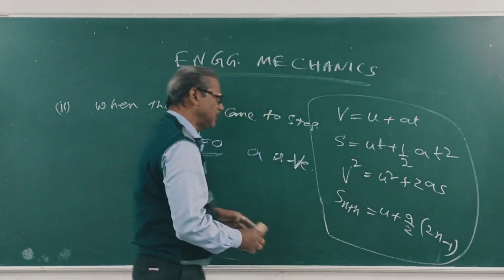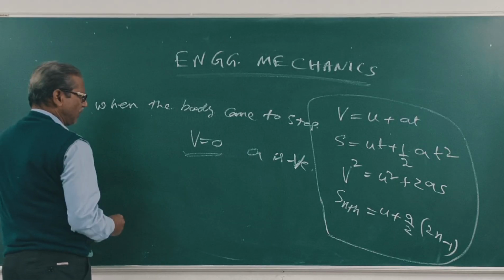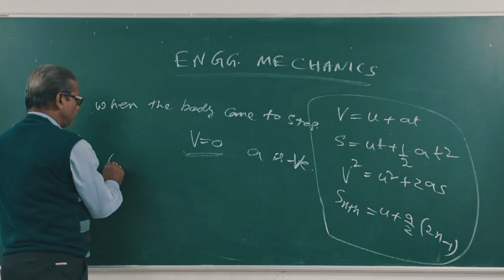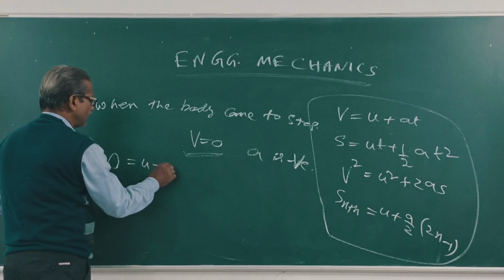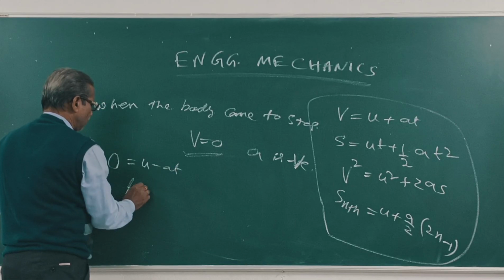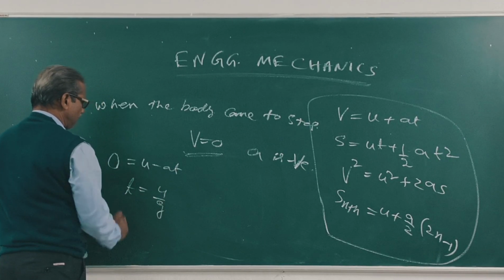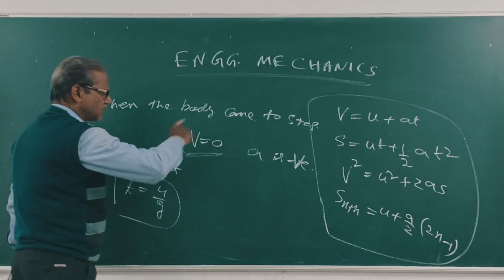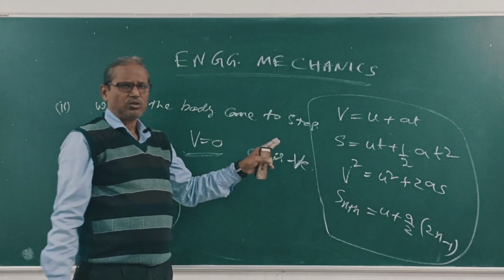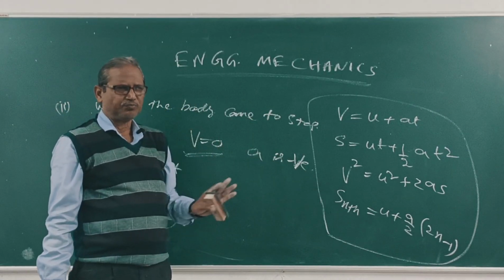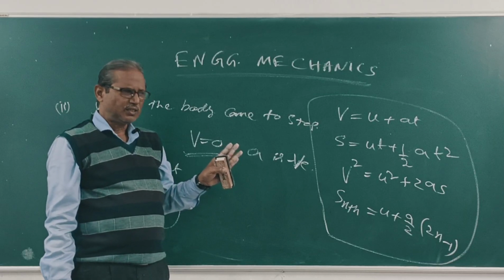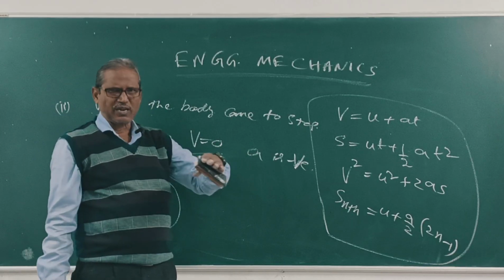So in this case, from equation 1, 0 = u − at, so t = u/a. Similarly, in all the equations, put v = 0 and a negative. This is the equation of motion in a straight line.